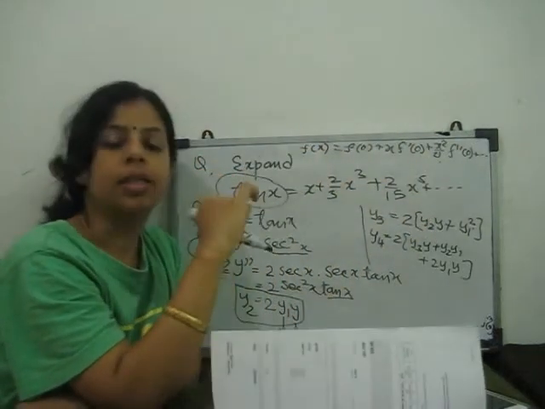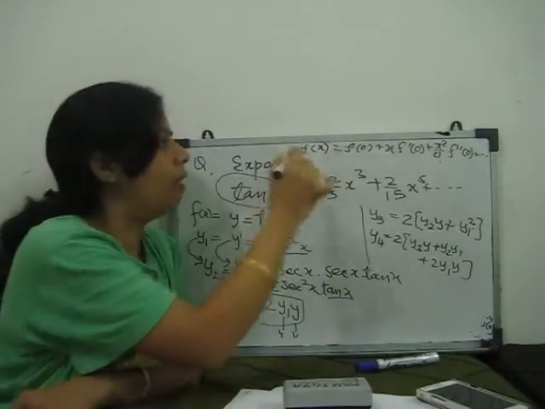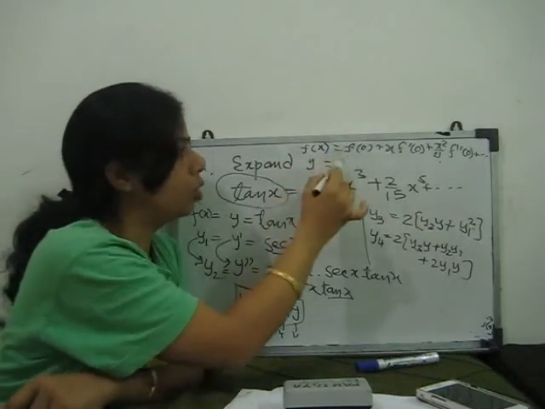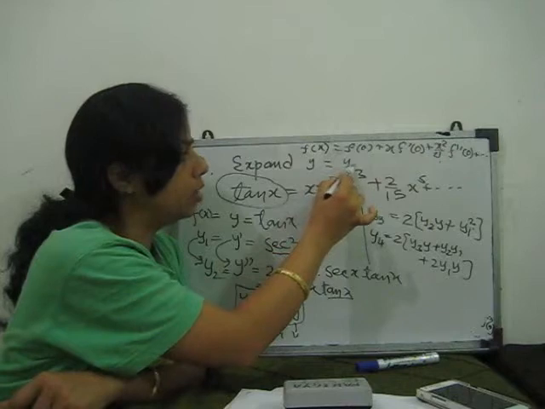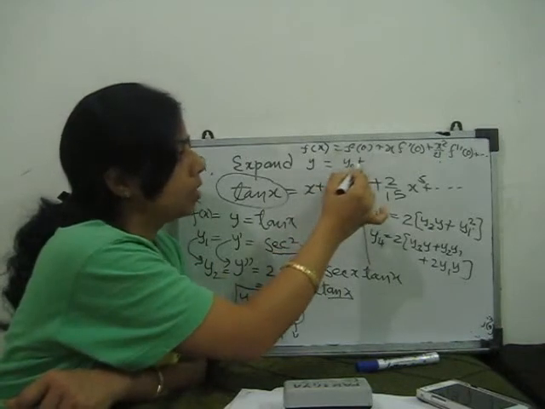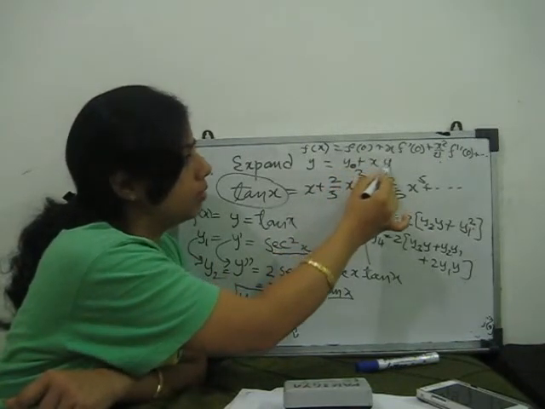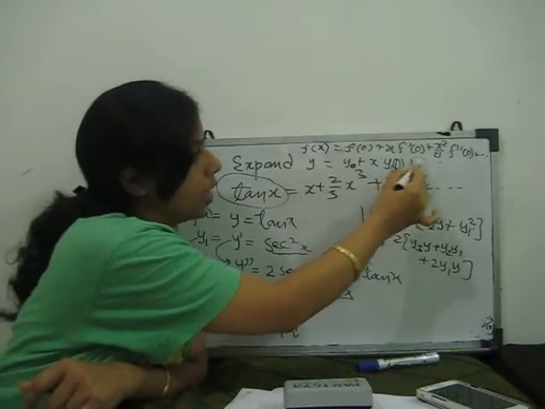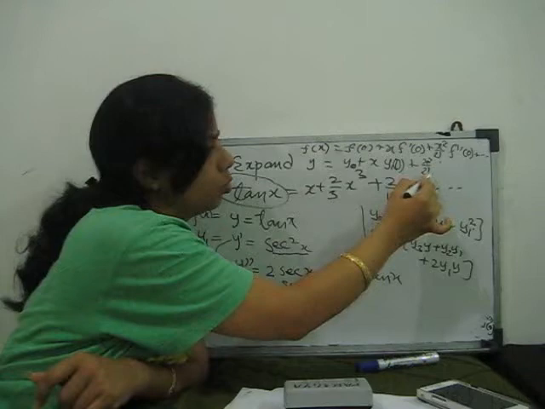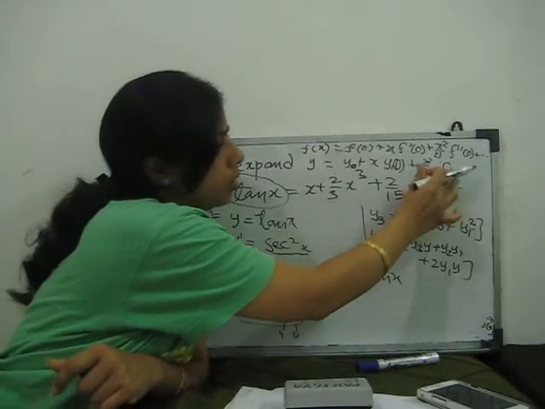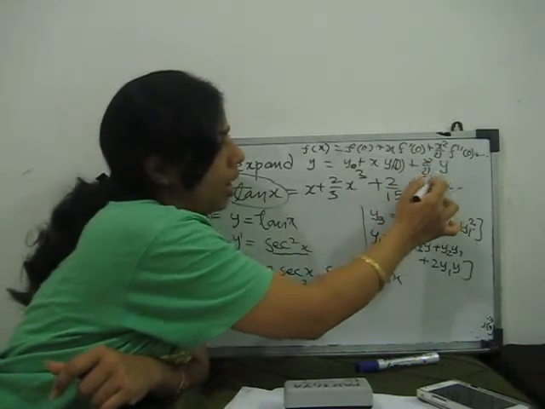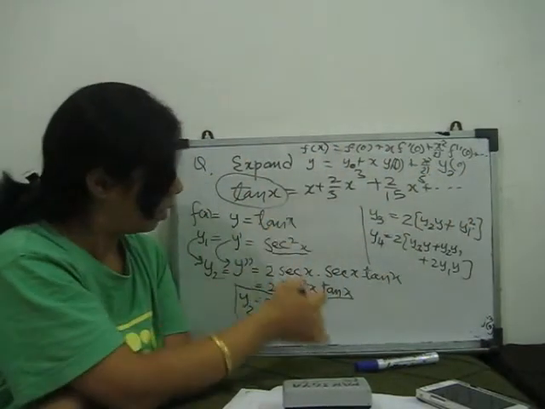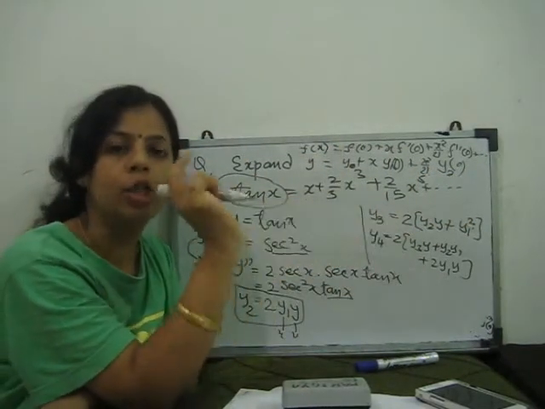If we write this equation in terms of y, f x is our y, f0 means y at 0 point plus x, f dash means y1 at 0 point plus x square by factorial 2, f double dash means y2 at 0 point.